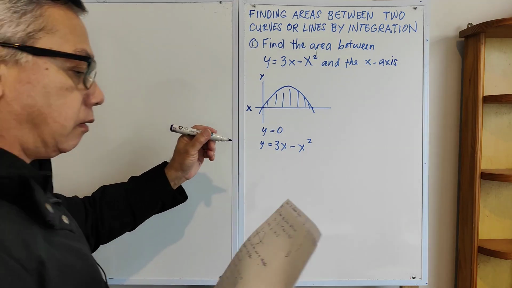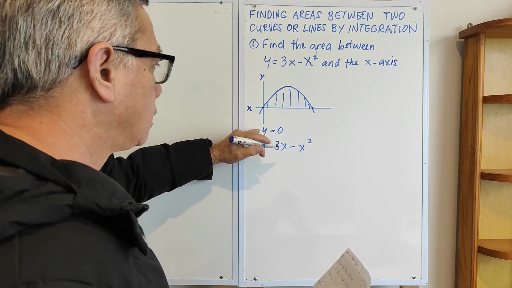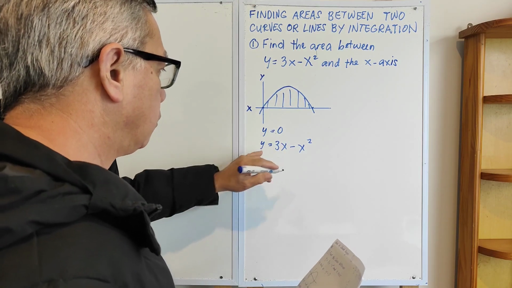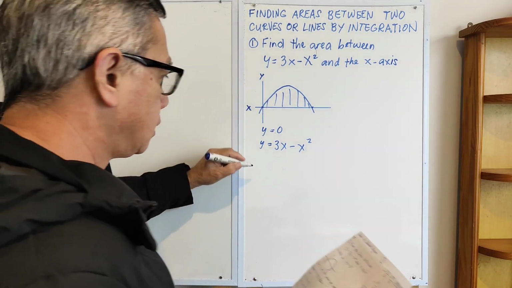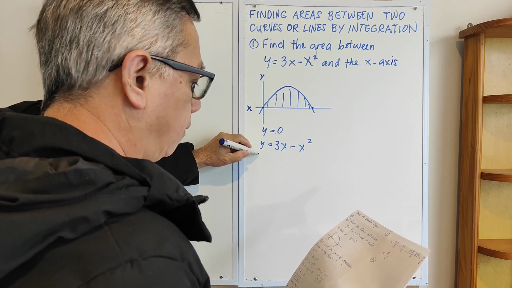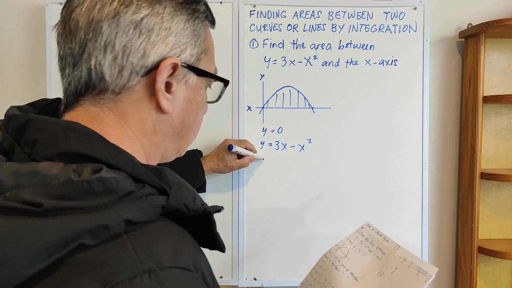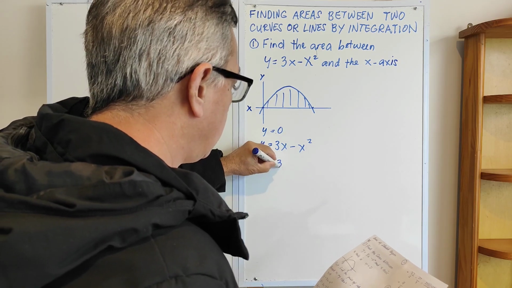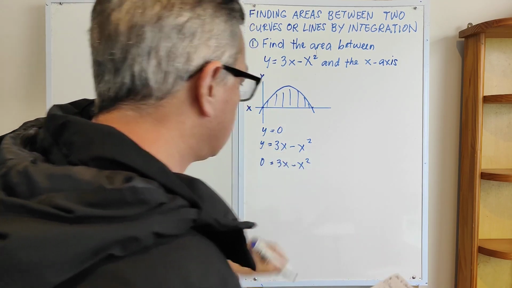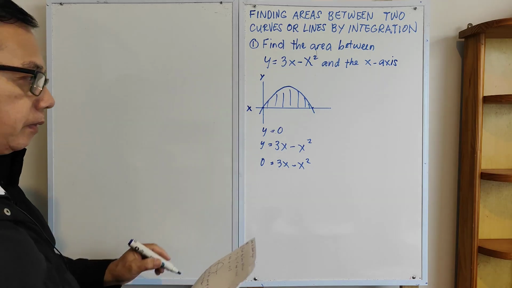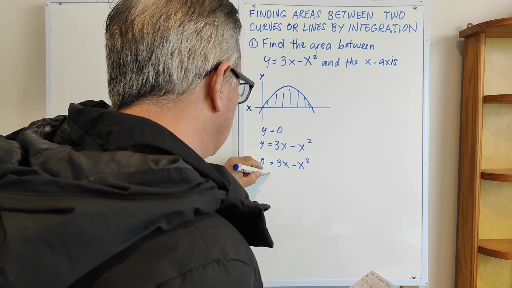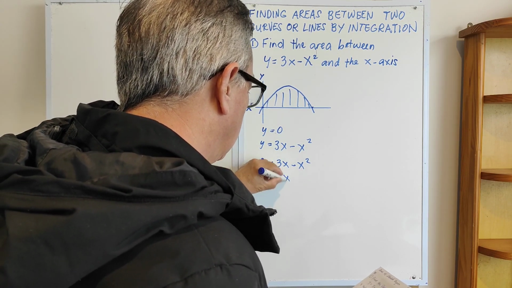Based on that video, this is equal to y and this is equal to y, so we can equate these two equations. 0 is equal to 3x minus x squared, or 3x minus x squared is equal to 0.